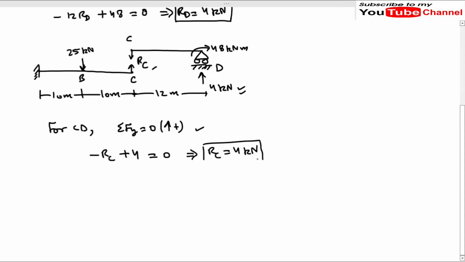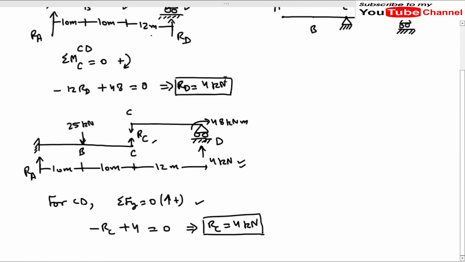Now we have got the value of RC, so we can find out the value of reaction at A, because this RC, which is acting downward, is equal to RC acting at this point C in the upward direction. This is why we can use this value of RC which we have got from the portion CD for the portion AC.